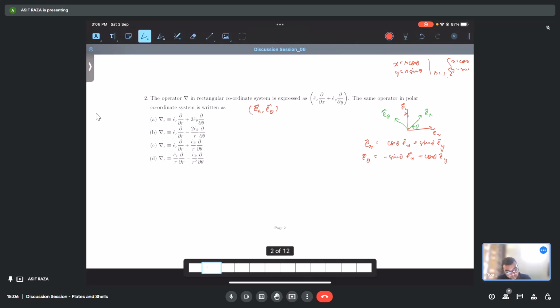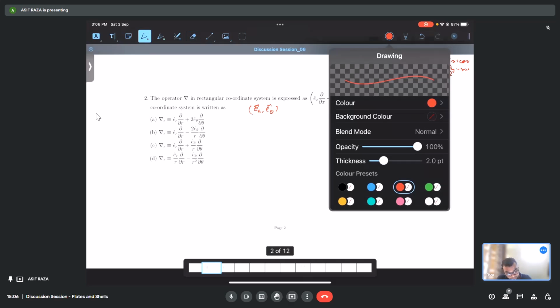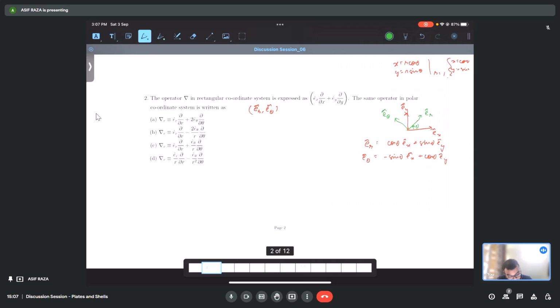This would help me to find er, right? Now this can be written in terms of vector cos theta sin theta, minus sin theta cos theta times ex ey.